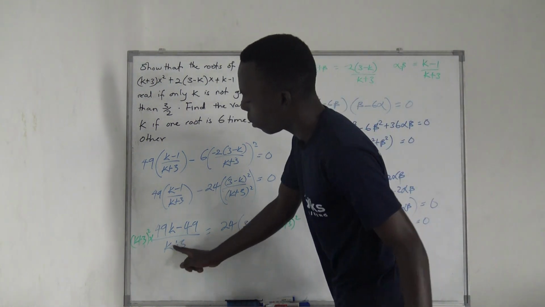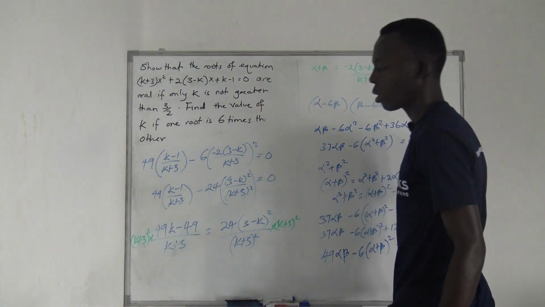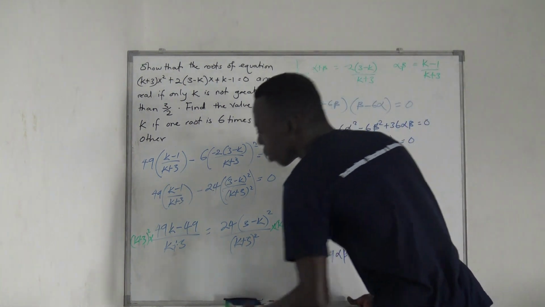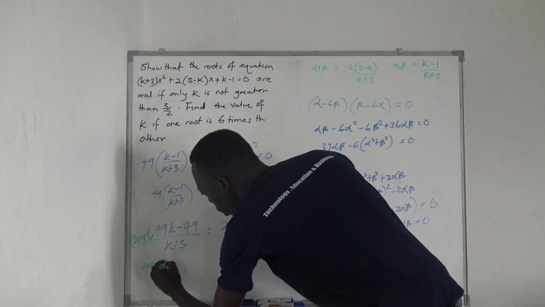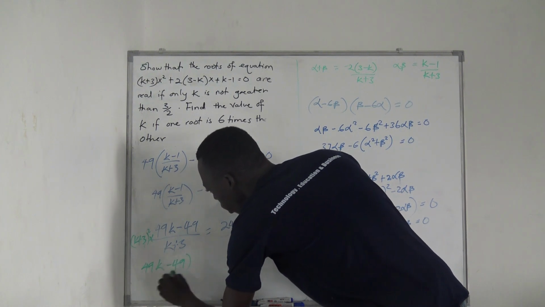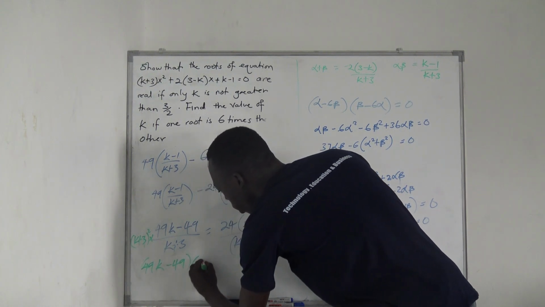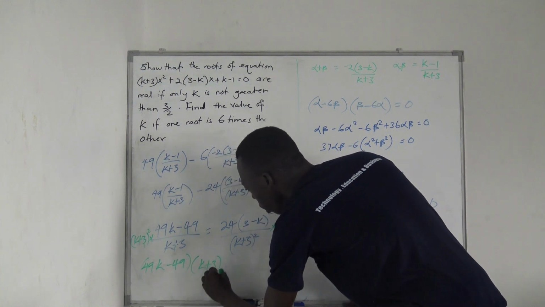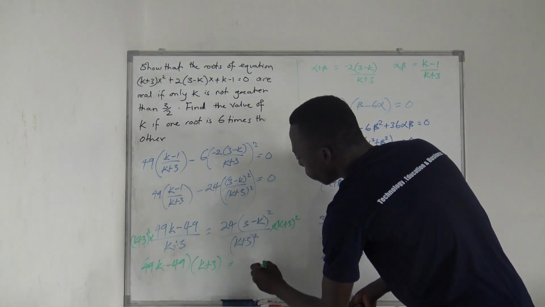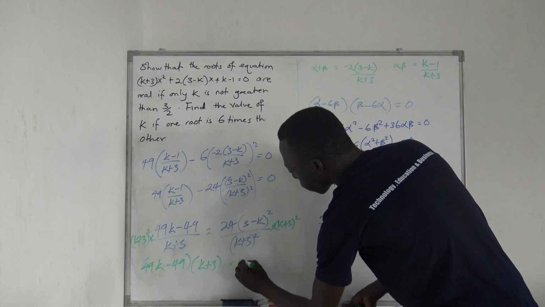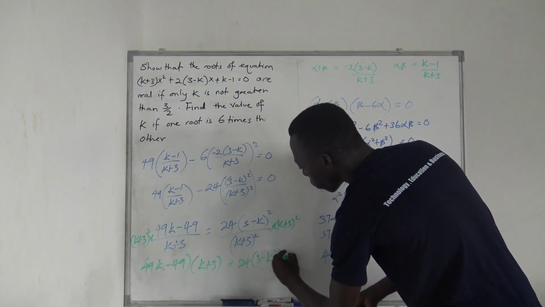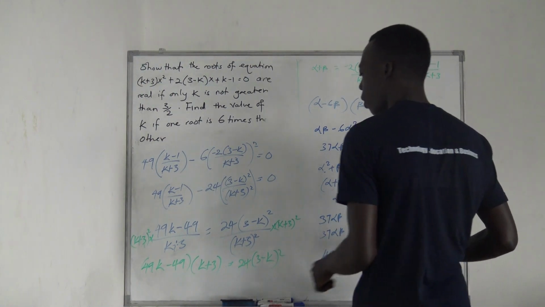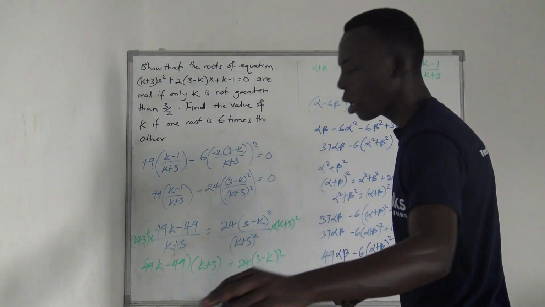We shall remain, when we divide this by this, with 1 k plus 3. So now here it becomes 49k minus 49, then times k plus 3 equals, now this side becomes 24 times 3 minus k, the whole thing squared. So that's what we have there.